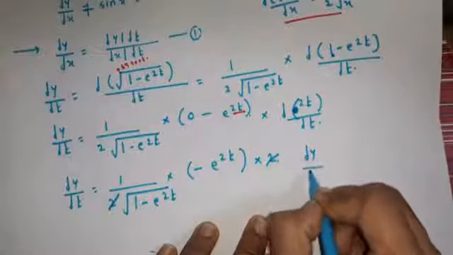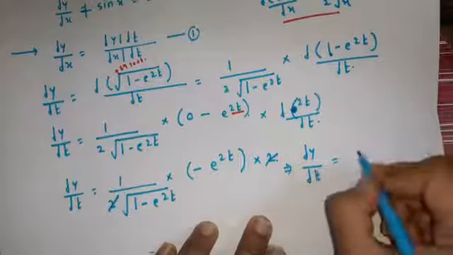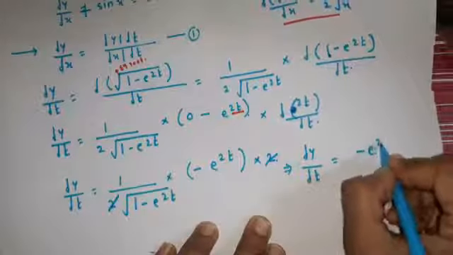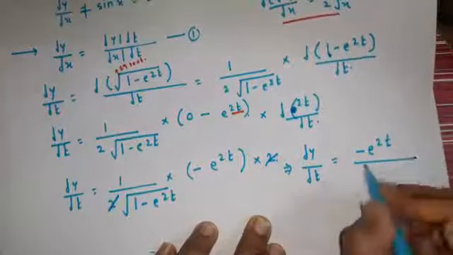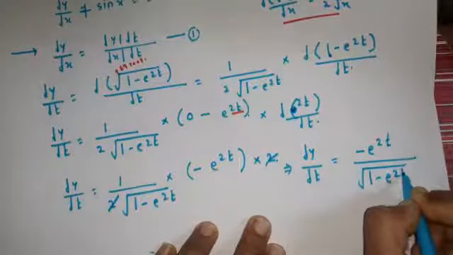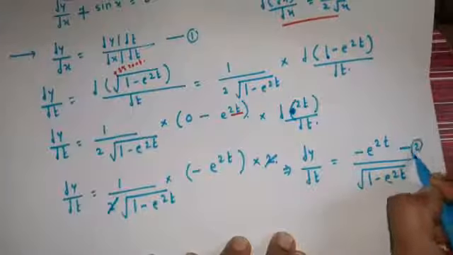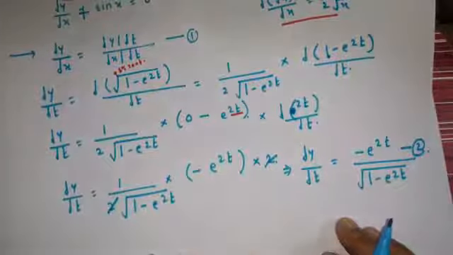Hence dy by dt equals minus e raised to 2t upon square root of 1 minus e raised to 2t. This is 2.